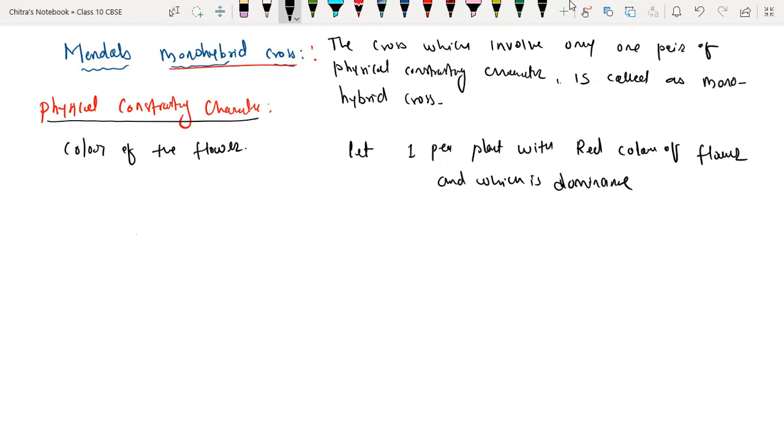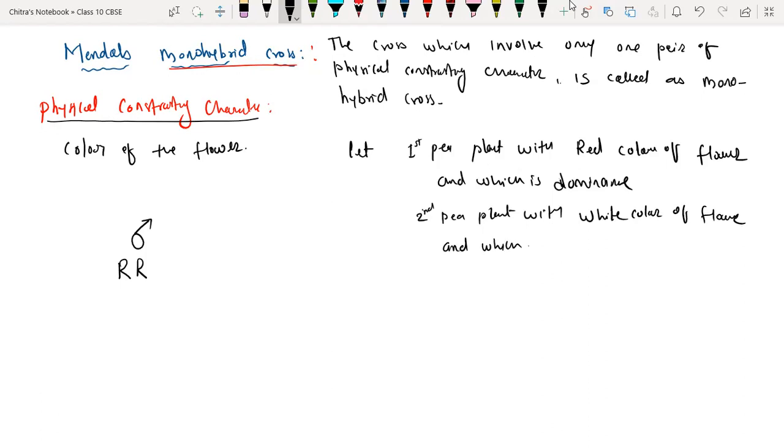Suppose that the red plant is the male plant, and its character we represent by capital R. The second pea plant has white color of flower, which is recessive in nature.